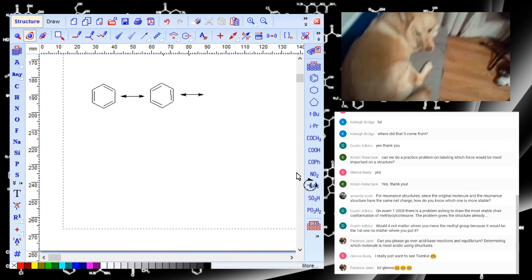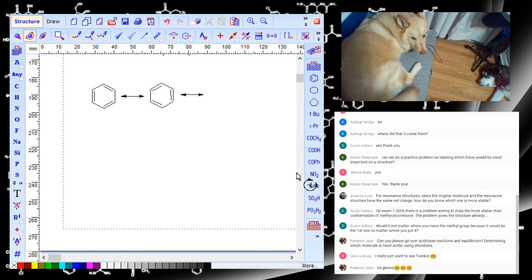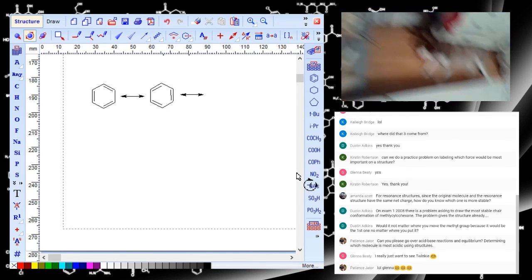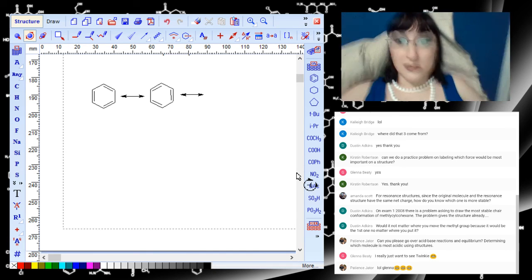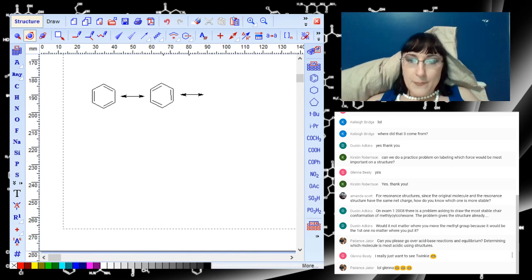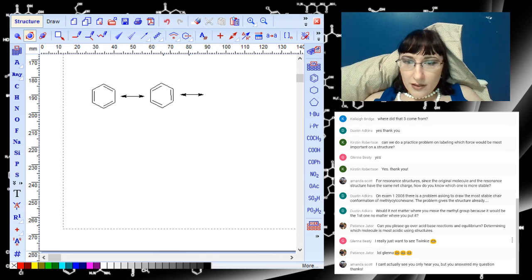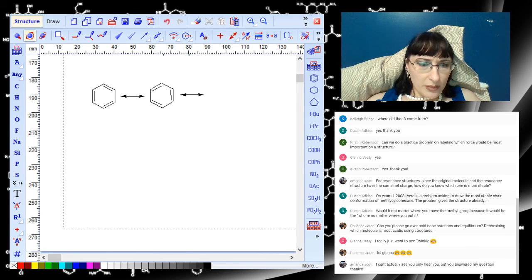Oh wait, want to see Twinkie? Twinkie, say hi. He has lipstick on his nose. Red's on the floor. He looks lazy. That's because Red is lazy. Then... Amanda, you can't see me? Is anyone else able to see me?